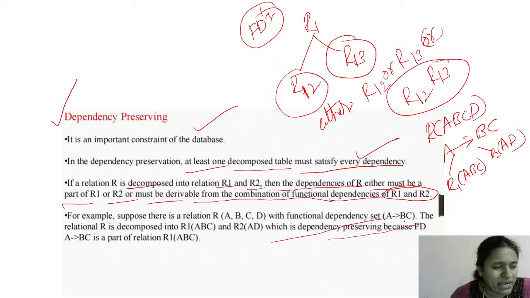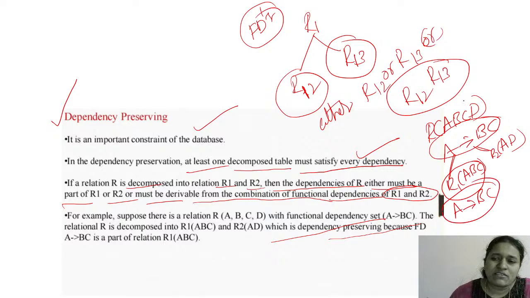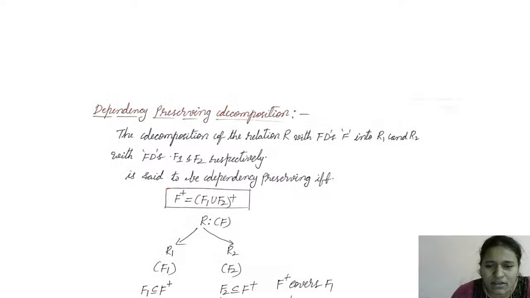This relation is dependency preserving because the dependency A to BC is a part of the R1 relation, right? We can add A to BC here. That means this is a dependency preserving decomposition. Yes, I hope you understand. Now we will see this.